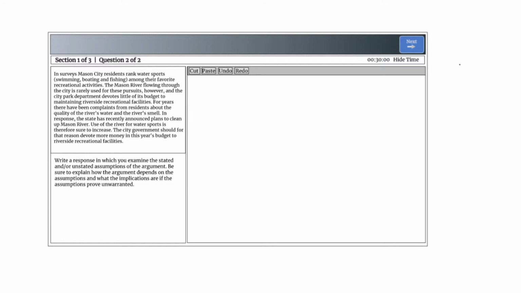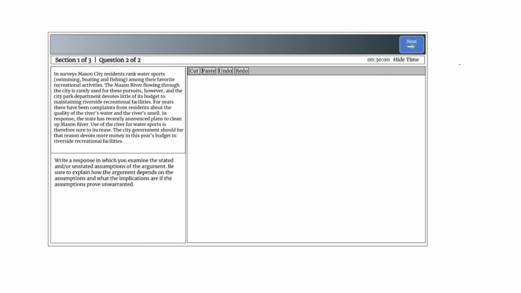So let's just take a look at one of these lines. The first one. In surveys, Mason City residents rank water sports, swimming, boating, and fishing, among their favorite recreational activities. Sounds like a good reason to clean up this river. Sounds like a good reason to improve the facilities here. However, they just say in surveys. And this is a classic one.